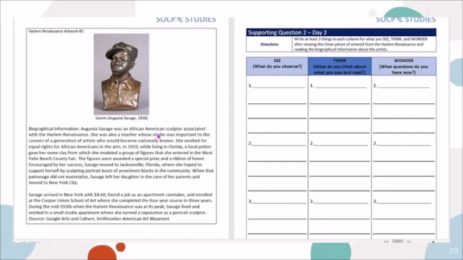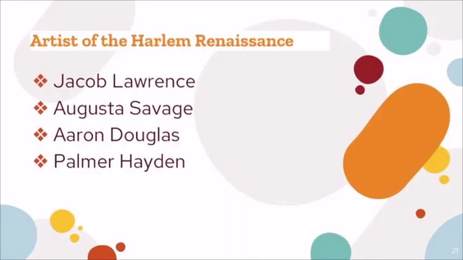After you've read about the different artists, you'll learn about Jacob Lawrence, who's most notable for his panel series on the Great Migration, Augusta Savage, who was a sculptor and a prominent citizen in Harlem, Aaron Douglas, who was a painter, and Palmer Hayden, who was a painter.